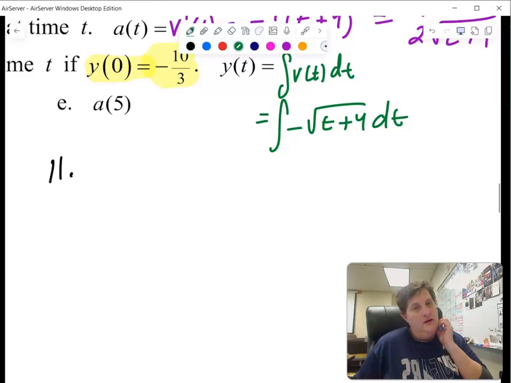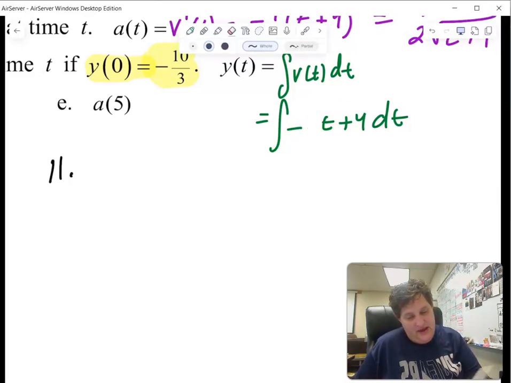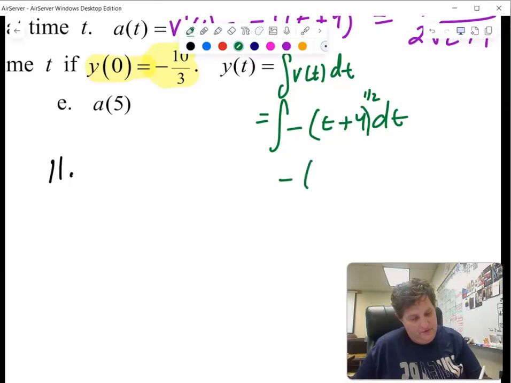Again, think of this as a 1/2 exponent. This is just a reverse chain rule. So if I add 1 to that, 1/2 plus 1 is 3/2, and then that's 2/3, plus c.